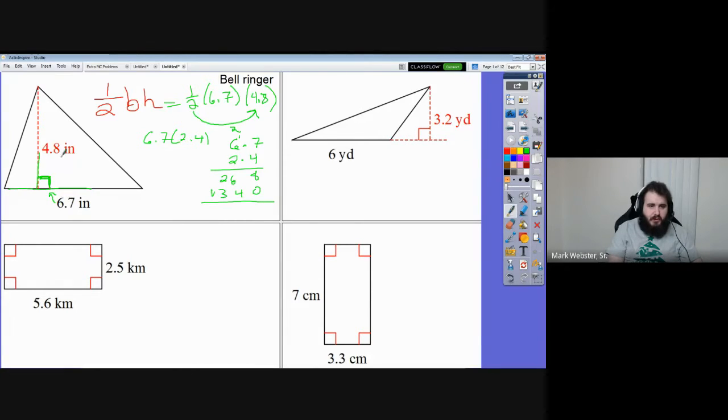And we got 2 decimal places at the end, so our final answer here is 16.08. What's our units? Well, if these dimensions are inches, our area has to be in inches squared.